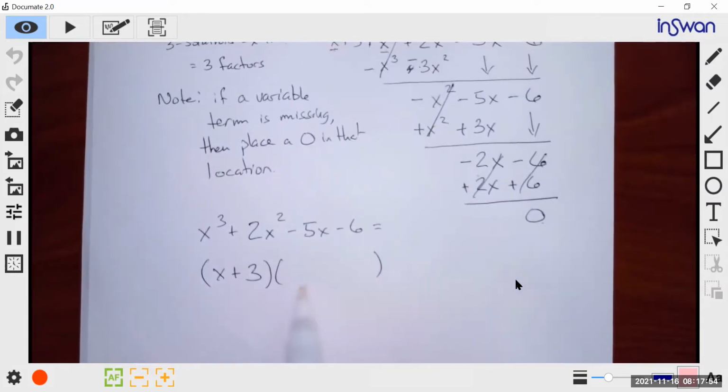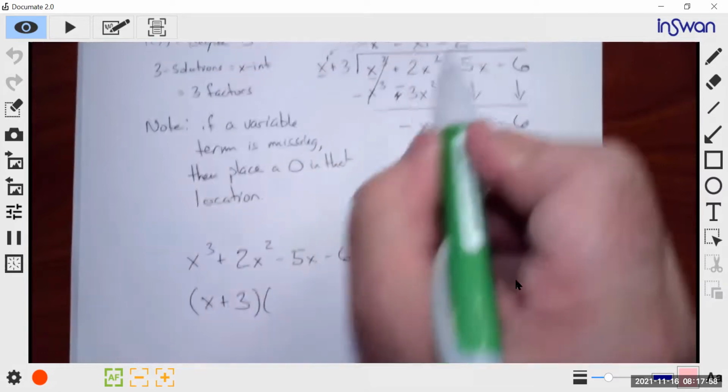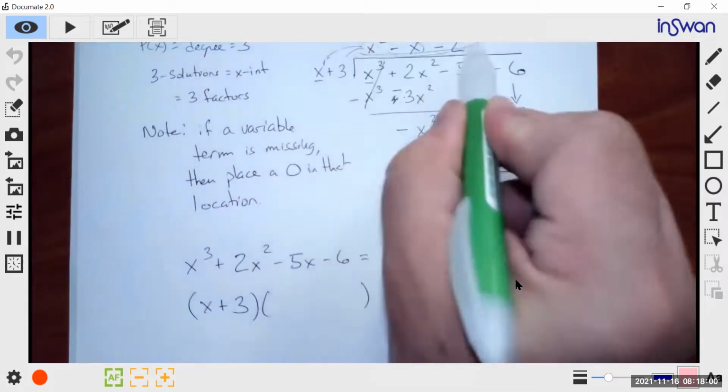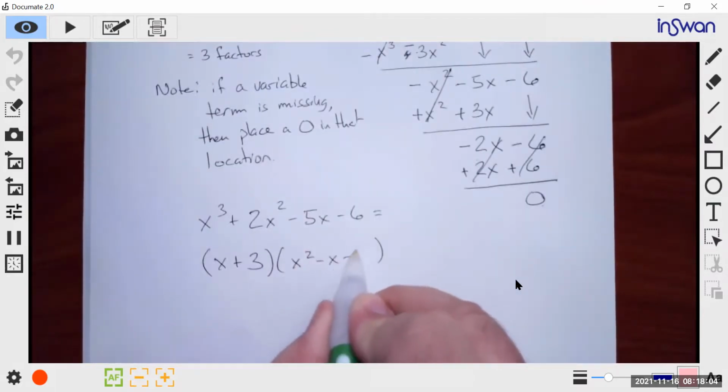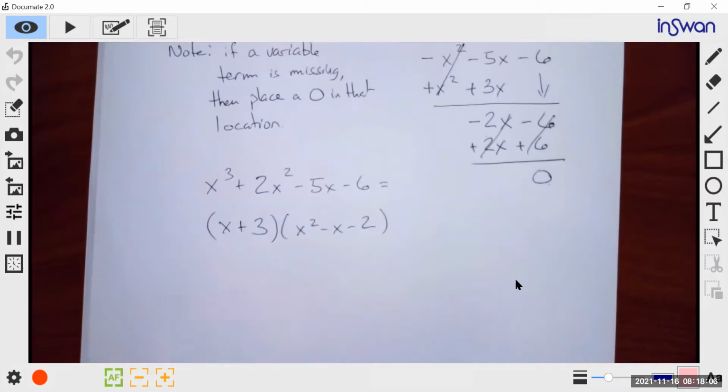And what goes in the other parenthesis? The quotient.